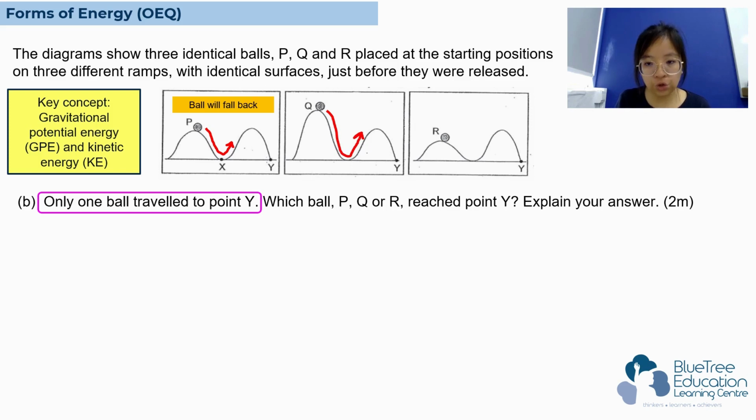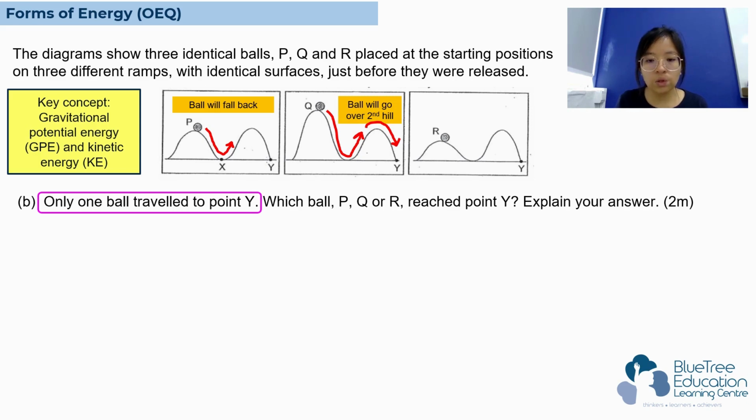Okay, let's take a look at Q. Q will also go down to the bottom of the hill and then it will start to come up again. But because Q is at a very high position, it has a lot of gravitational potential energy, which will then convert to a lot of kinetic energy, and a lot of kinetic energy will allow it to go past the second hill.